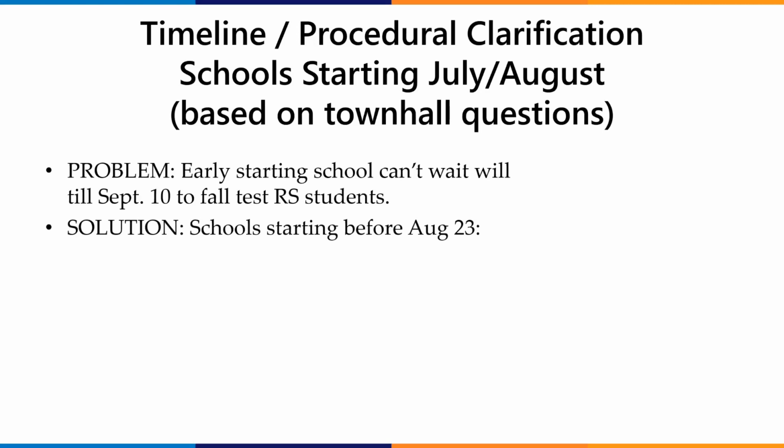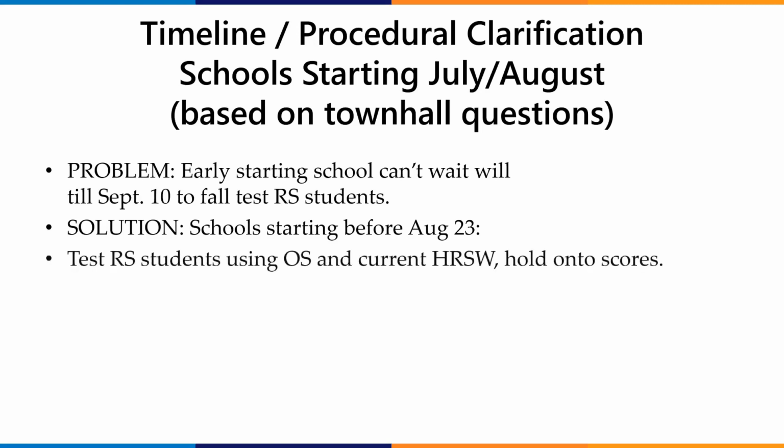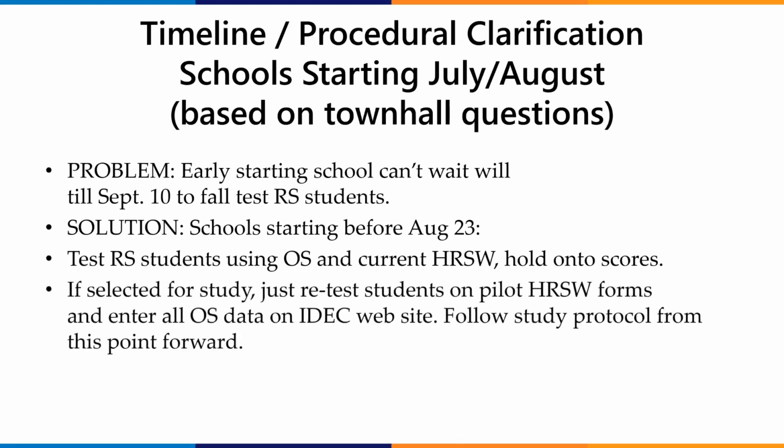So what we're asking you to do for schools that are starting before August 23rd is to go ahead and test your random sample students using the OS and the current Hearing and Recording Sounds in Words, and just hold on to the scores. Test them within the first 3 weeks of the school year, and hold on to the scores.